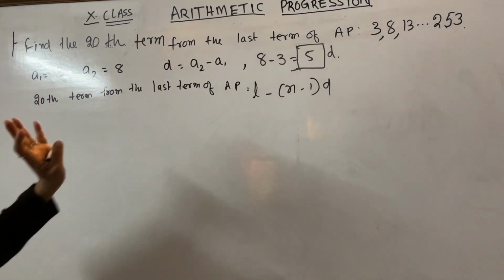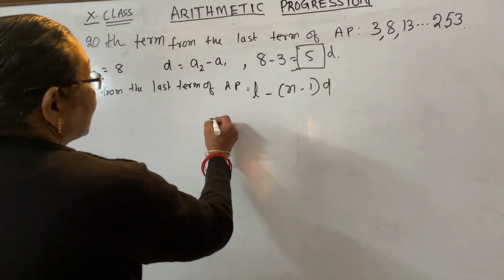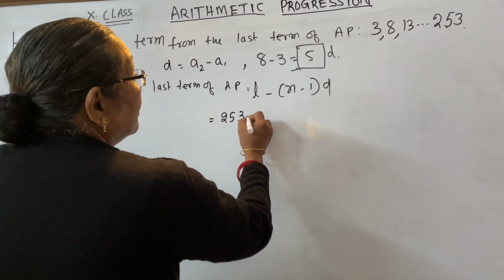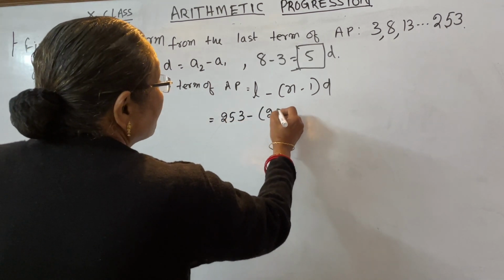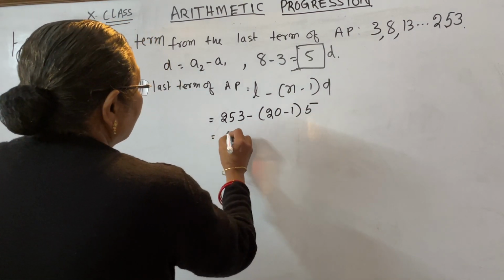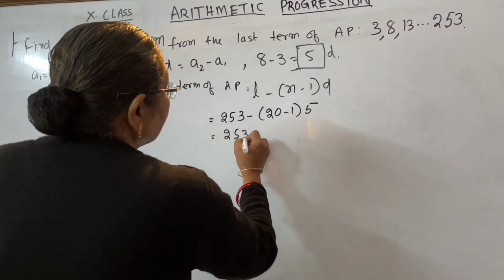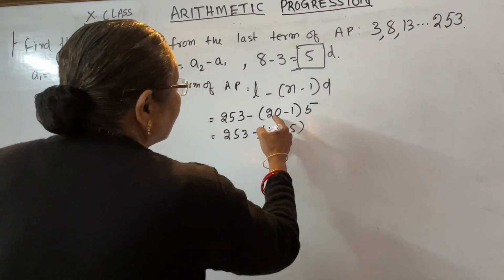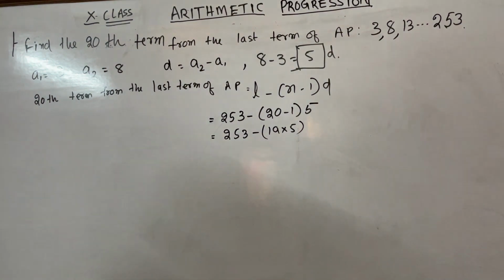Similarly, you have to find the 20th term. Now, what is our last term? Last term is 253 minus (n is 20 minus 1). What is our D? D is 5. So 253 minus 19 into 5. है ना? 20 minus 1 is 19.